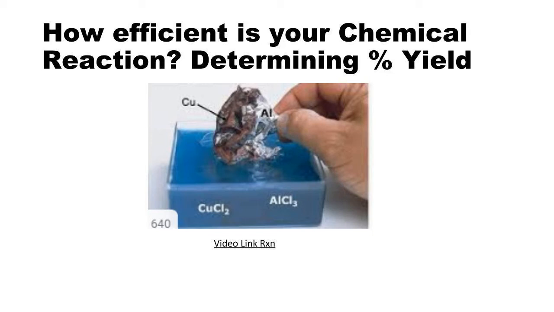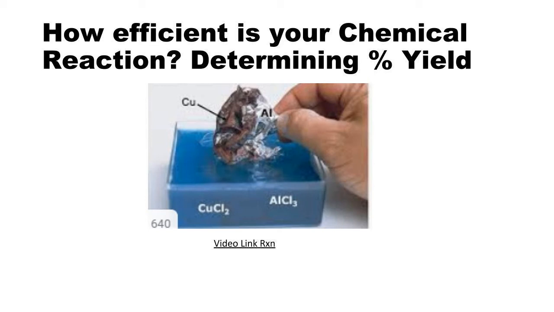In this scenario with our copper(II) chloride reacting with our aluminum, what we ended up seeing at the end, if we went back in that video when we were dumping everything out, was that the solution itself wasn't all the way clear.